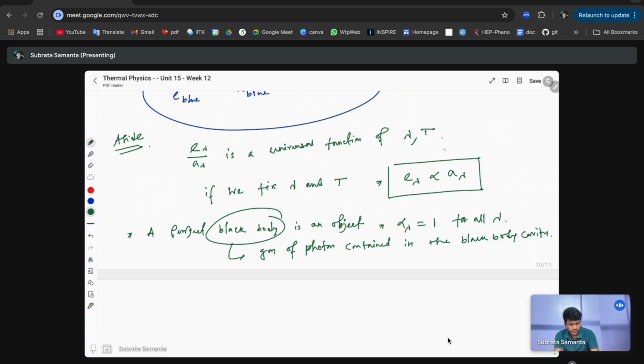So this is known as black body radiation, BBR in short. So basically a gas of photons contained in the black body cavity, and the radiation from this is black body radiation.